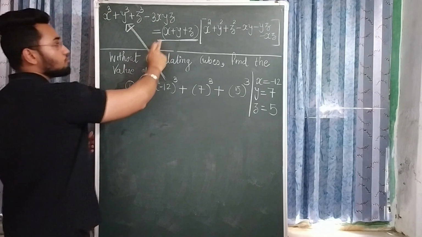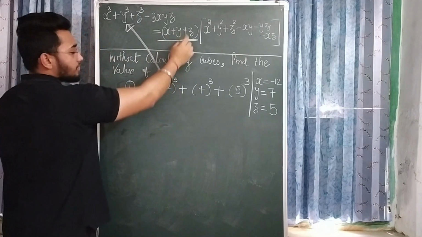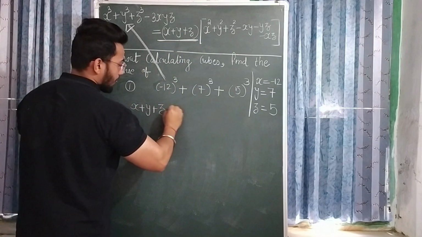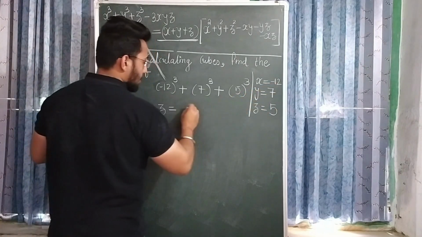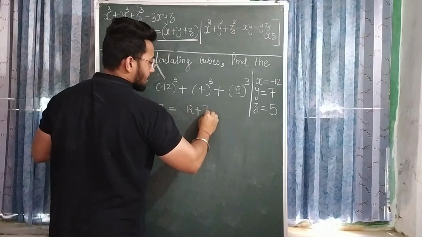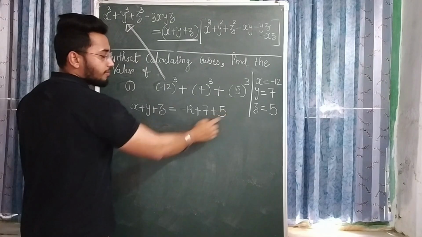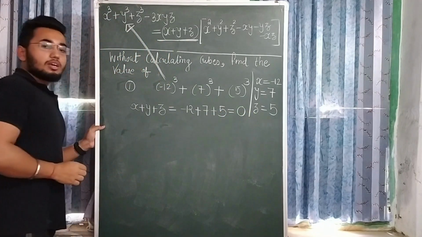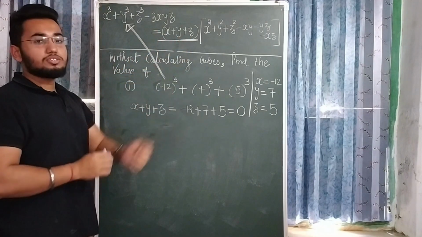First of all, we have to add these three numbers, x plus y plus z. That means we have to add minus 12 plus 7 plus 5. 7 plus 5 is 12, and 12 minus 12, our answer is 0. You see, the answer of x plus y plus z will be 0.